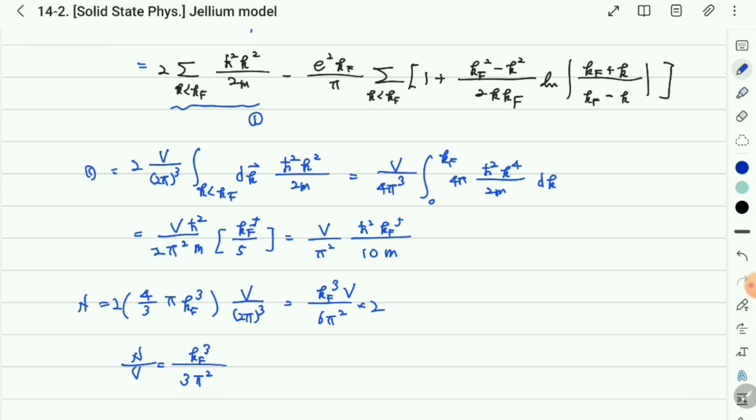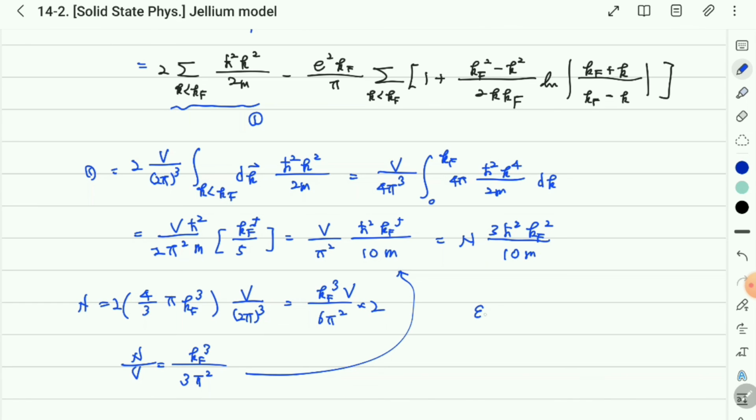Yeah, okay. Then when you substitute here, it is n over 3 h bar square kf cube, divided by kf square, and also 10 m.